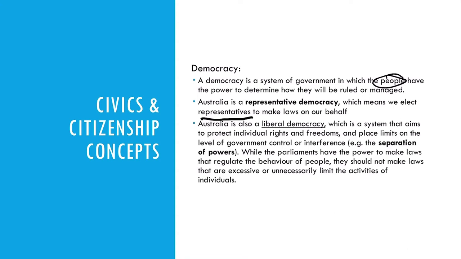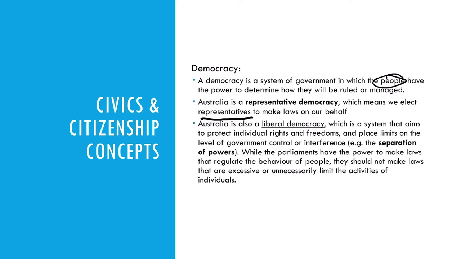Australia can also be called a liberal democracy, which really means a system that aims to protect individual rights and freedoms. So, for example, we do have a right to free speech and freedom of assembly. One of the examples of those rights is the March for Justice, which took place in the middle of March in 2021.